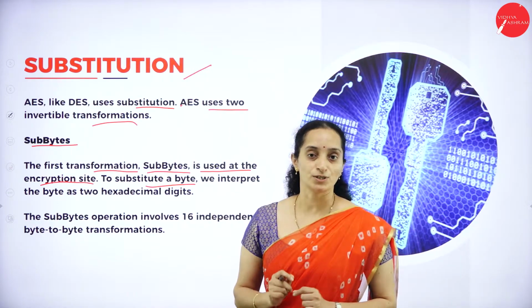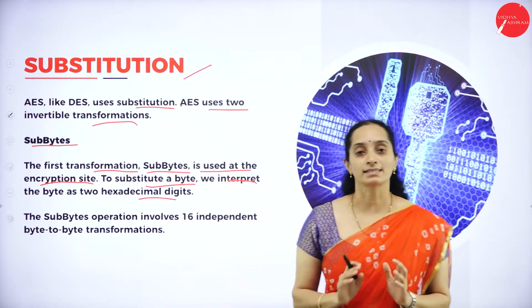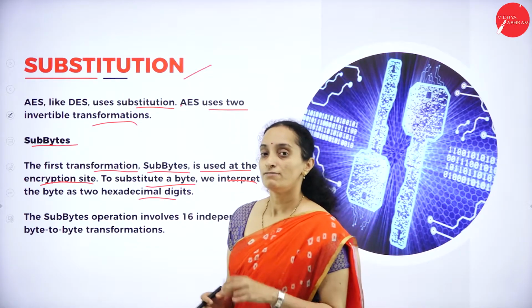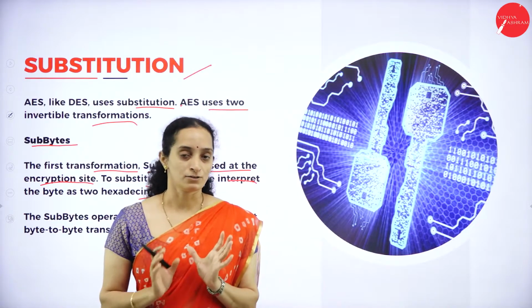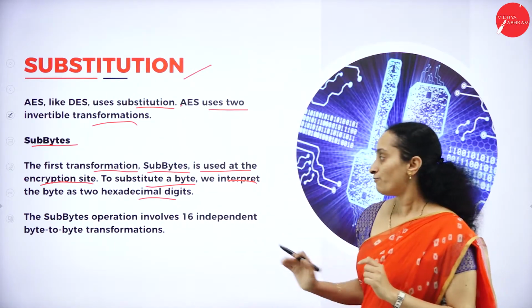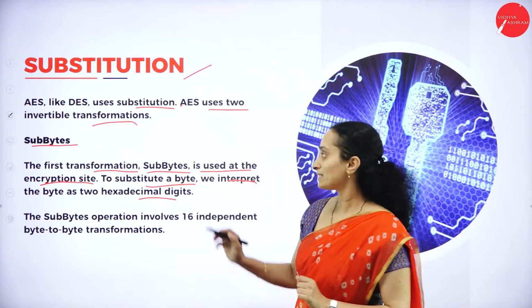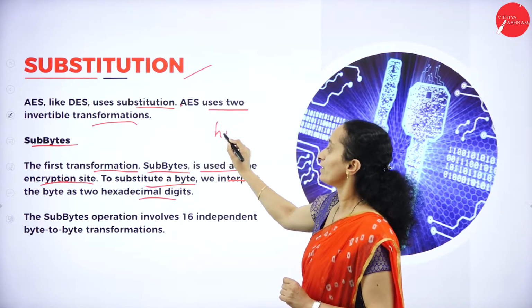It is done at the encryption side to substitute a byte. When you want to substitute a byte, we interpret the byte as hexadecimal digits. We divide the byte, which is of 8 bits, into 4 bits. Each set of 4 bits is considered a hexadecimal digit, isn't it? What is the representation of hexadecimal?